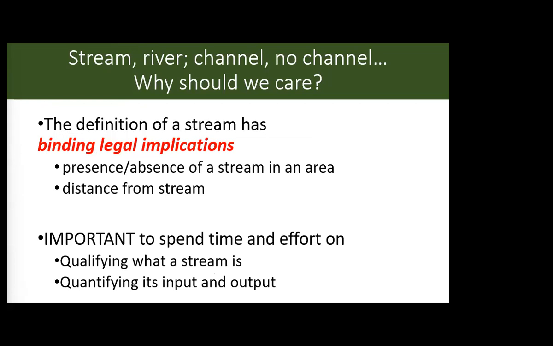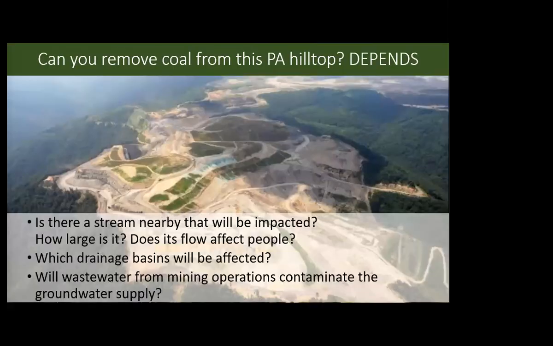Let's say we want to build a mine. So this is from northeastern PA. If any of you are familiar with the area of Hazleton, there's a lot of coal in that area. That's Carbon County. So if they want to dig coal up from the top of this hilltop, they need to think about where those mine tailings are going to end up.